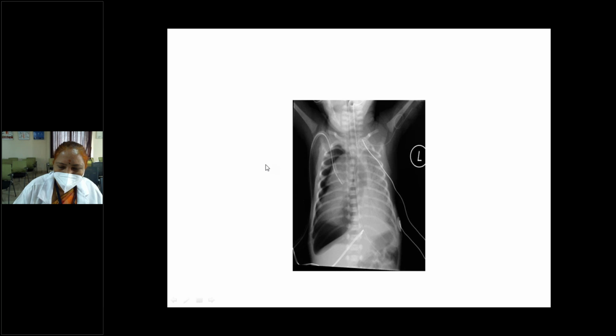Increased translucency on the right side, ma'am. Okay. Good. Collapsed lung on the right side. Okay. What about this? Where is the heart? Heart is pushed towards left. Here is the heart. Yes. You can see up to this area is there, even beyond the midline.